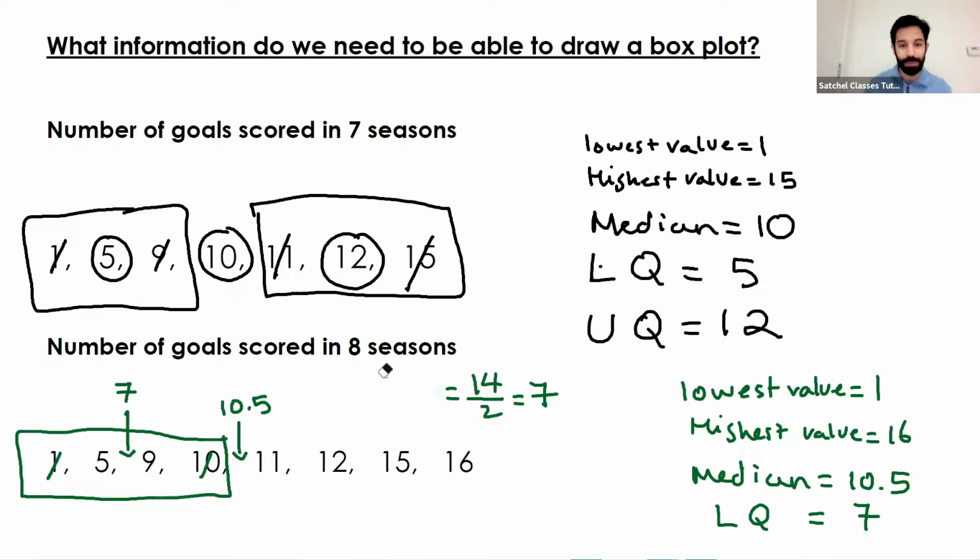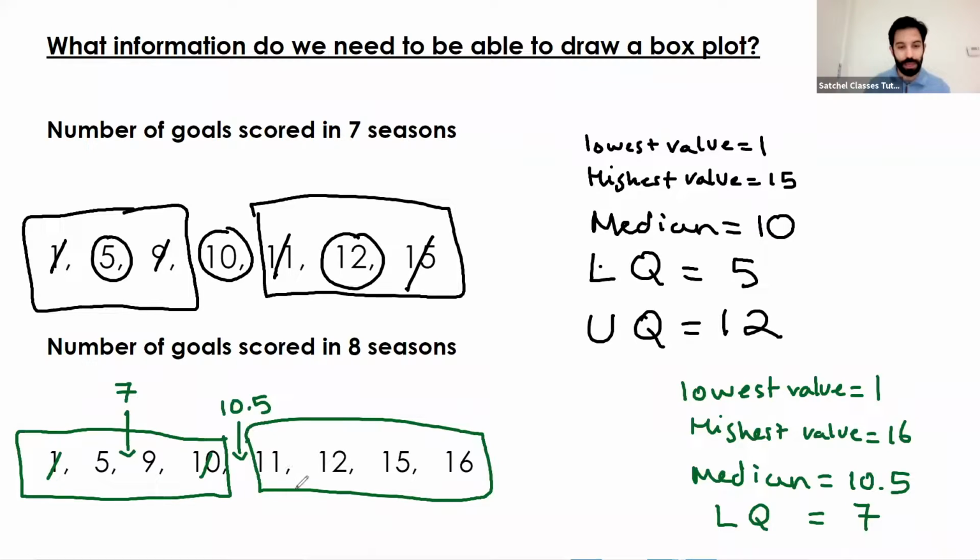Okay, now we need the median of the upper half to find the upper quartile. So likewise, the 2 numbers that we're looking for are 12 and 15. So we want the midpoint, or the number in the middle of 12 and 15.